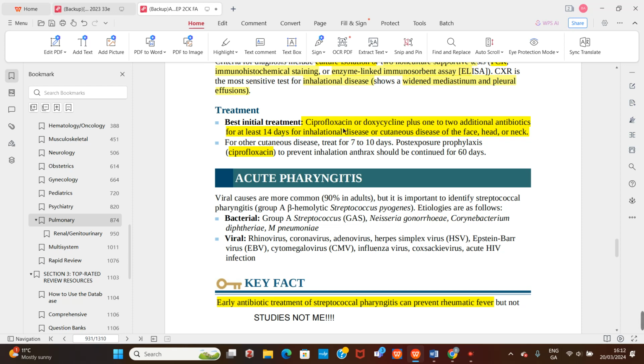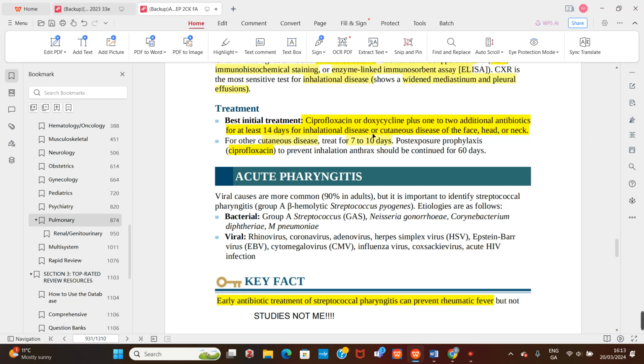People that have the inhalational disease, which is severe, or the cutaneous one which is confined to the face, the head, and the neck, you want to give them cipro or doxy for at least 14 days. While those that have the cutaneous one elsewhere, you can give them any one of that for 7 to 10 days.